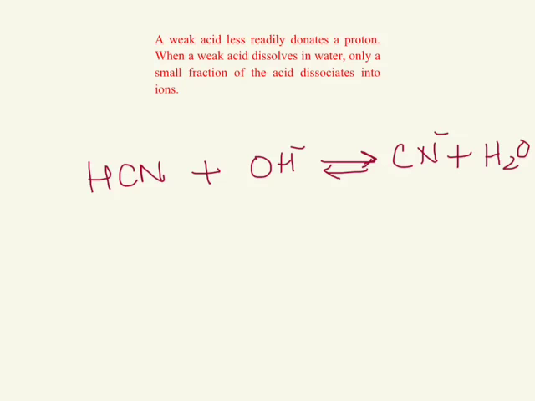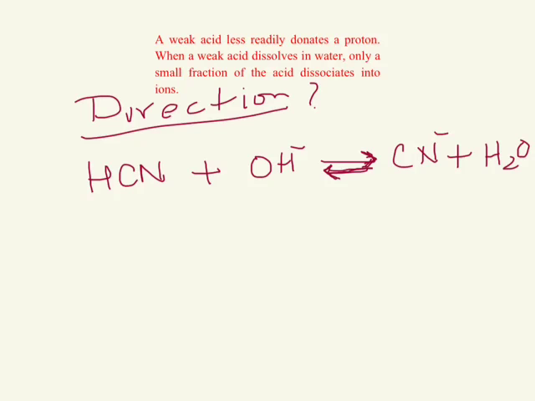Now the question is, predict the direction of equilibrium. What it means is, are the reactants or the products favored? I'm drawing two arrows of equal length, so I want to know in which direction your reaction is going more than the other one.